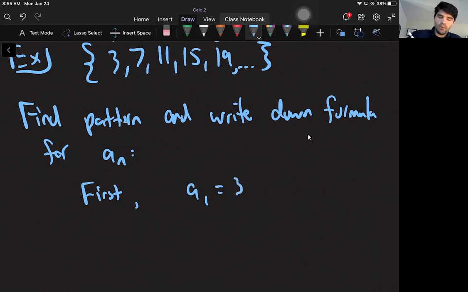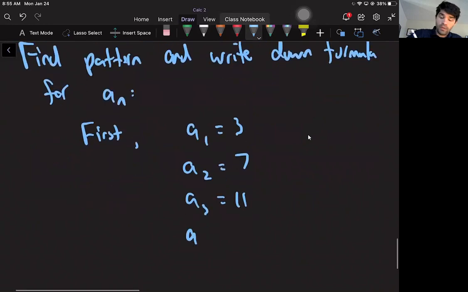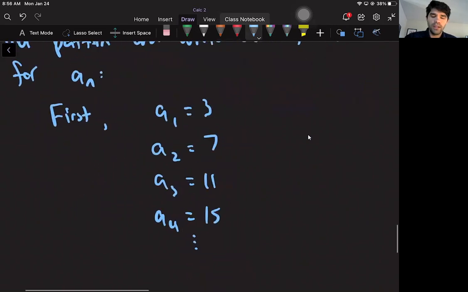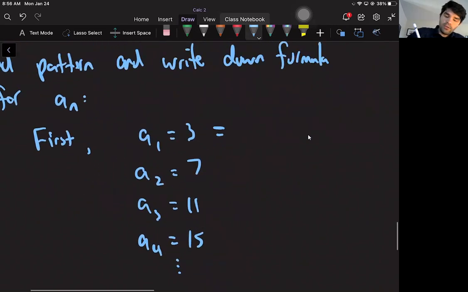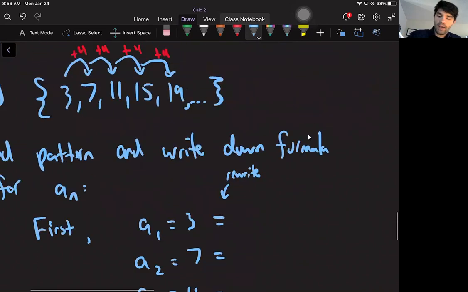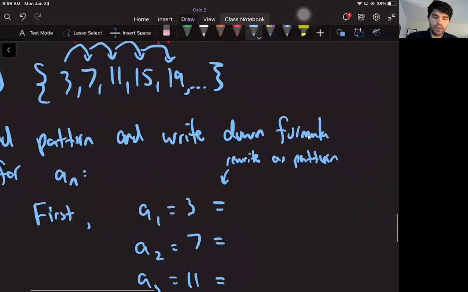So A1 is 3, A2 is 7, A3 is 11. You don't have to write them all. I'm just writing extra ones to help for now. But you don't have to write them all typically. And then try to rewrite each of those. So this is sort of where you rewrite it using the pattern that you've noticed. So I've noticed that I add 4 each time.